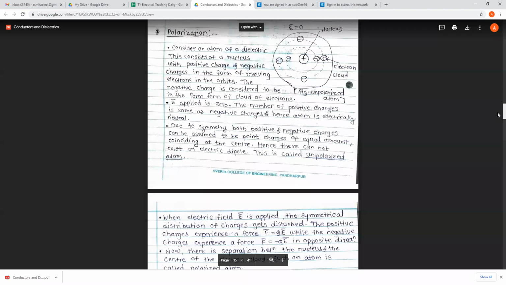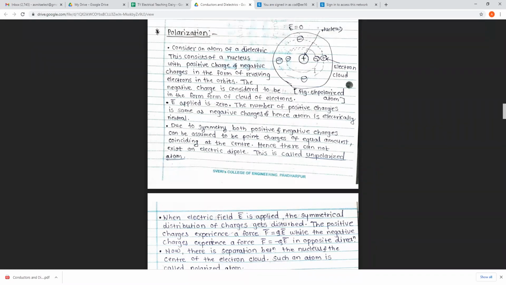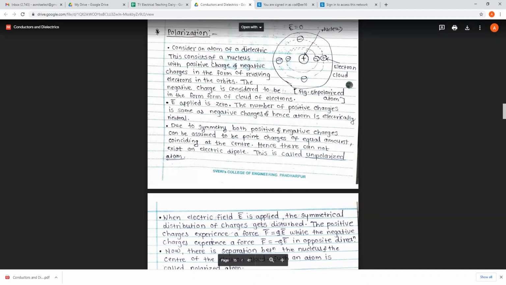Now the next point is polarization. What is meant by polarization? Here we are considering a nucleus, which has a number of electrons. At the start we are not applying any electric field.